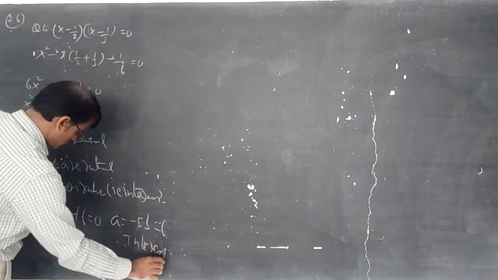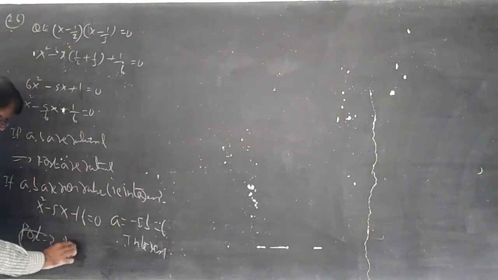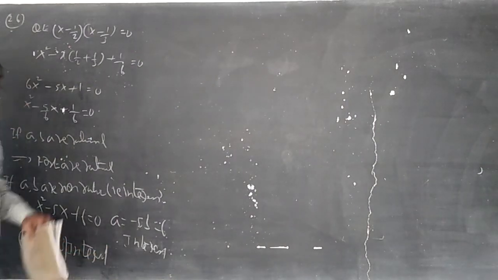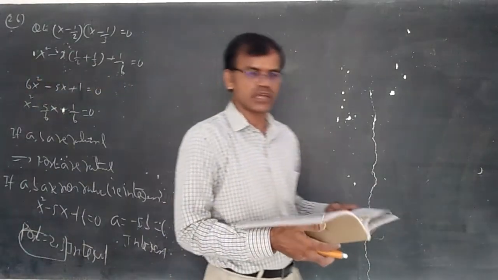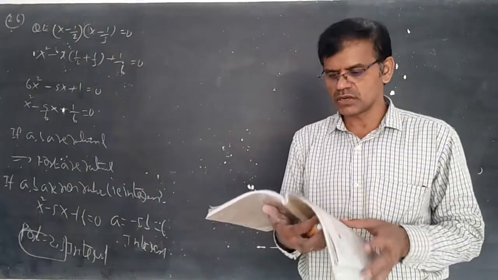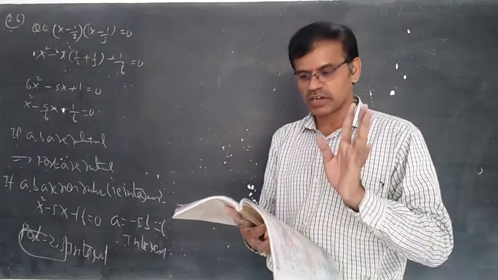The roots for this equation are 2, 3. These are also integers. So here we discuss that if the coefficients A and B are rational, the roots are rational, and if the coefficients are integers, the roots are integers. The statement, let us see.